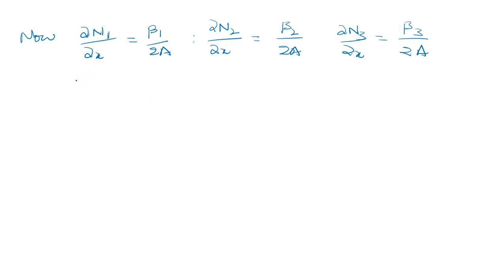Similarly for y. Dou N1 by dou y: what do we get? Only the y term remains, so gamma 1 by 2A. Similarly, dou N2 by dou y is equal to gamma 2 by 2A.